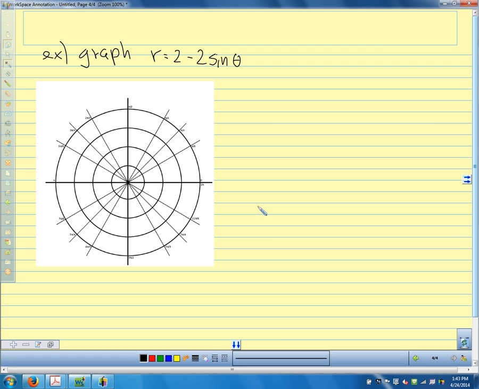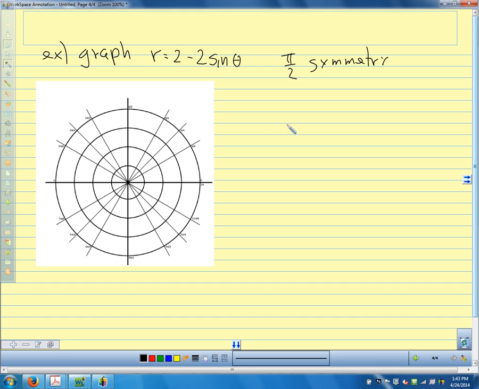This just has a sine theta in it. So what kind of symmetry is this graph going to have? It's going to have pi over 2 symmetry. So if we can graph just one half of the equation on the line pi over 2, we know what the other half looks like. We can just automatically fill in the other half.